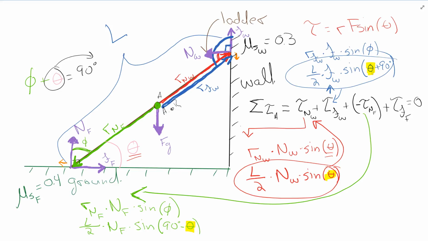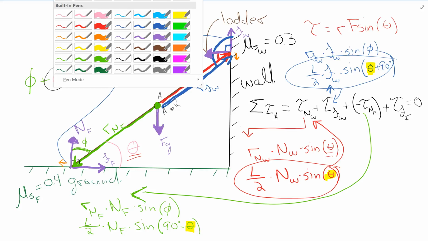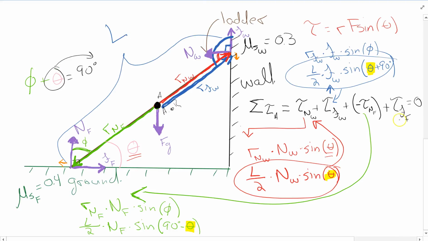Now I do have some ugly stuff, you know, a 90 minus theta over here and 90 plus theta over here, but that's okay. We're going to take advantage of some trigonometry and some geometry, and we're going to get rid of those. All right, I've got one last term to find. I'm going to do that term in purple. Okay, that would be this guy right here.